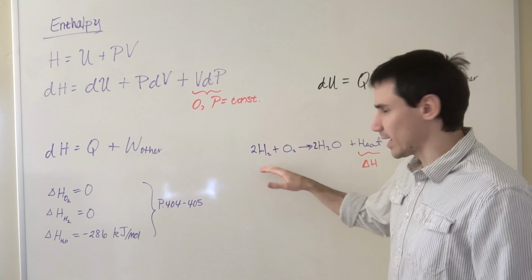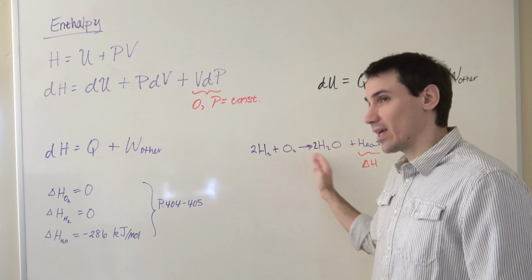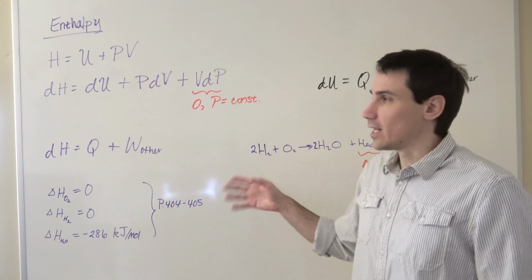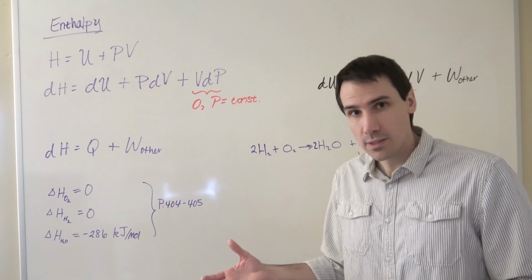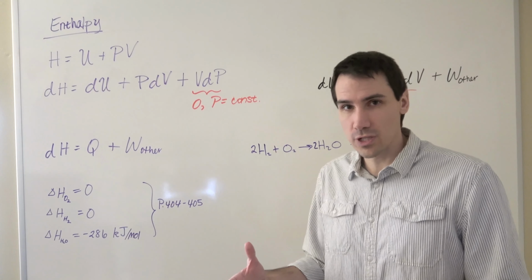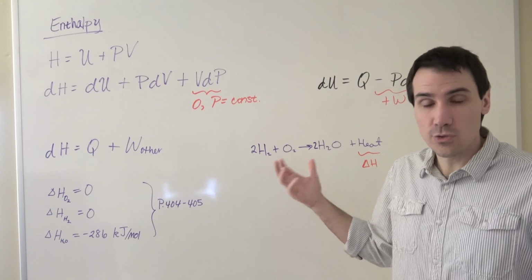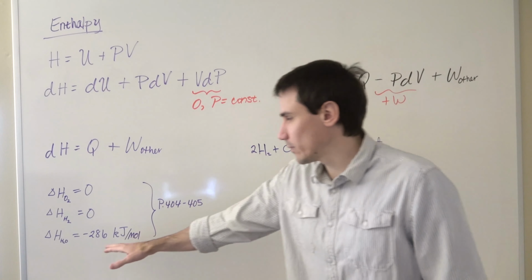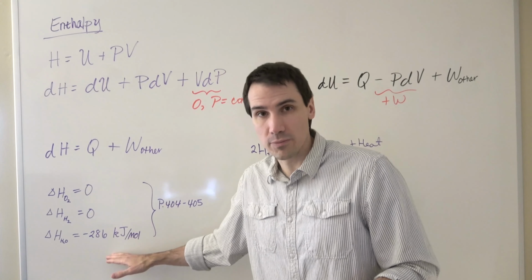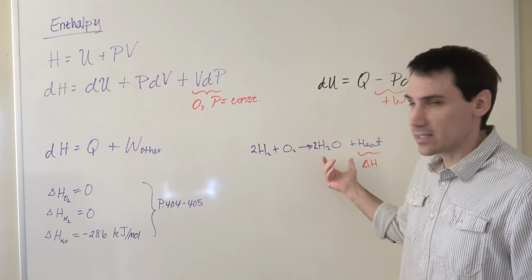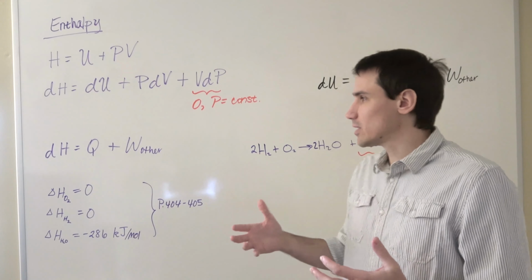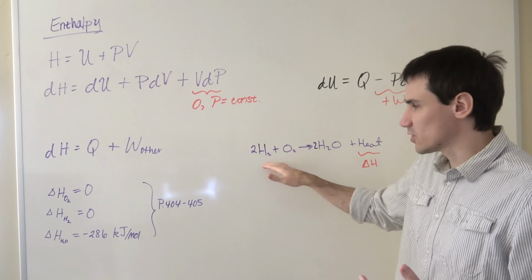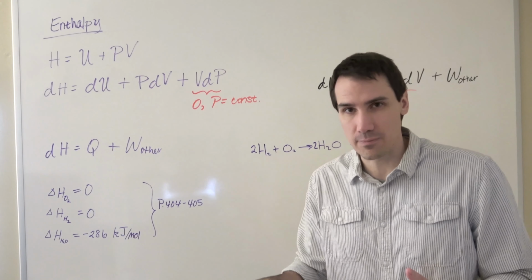So say they start at 300 Kelvin, they both end at 300 Kelvin, right? And if we're not going to increase the temperature of our system, increasing the internal energy, that heat must be released to the environment. And that's why we get this negative value here, because any energy that is released here gets pushed into the environment to heat up the environment so that our reactants start and end at the same temperature.